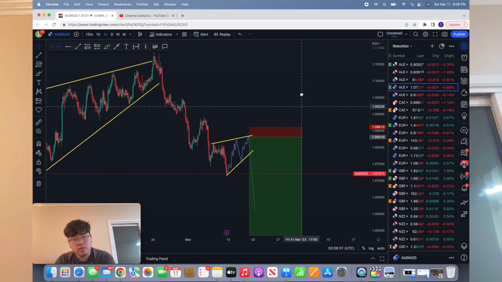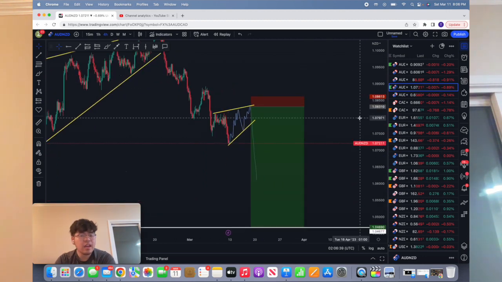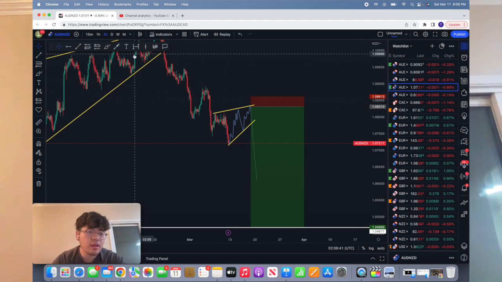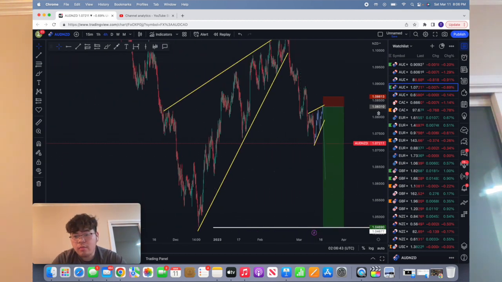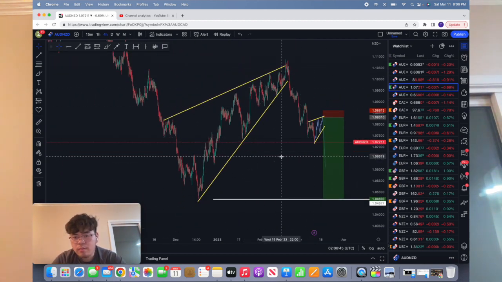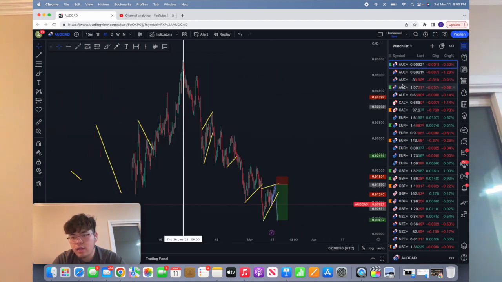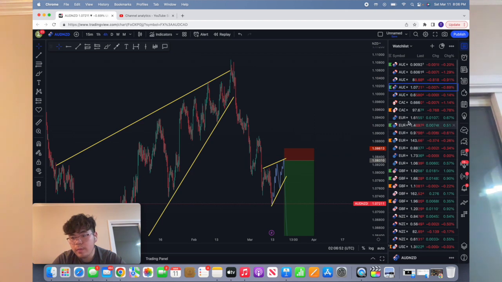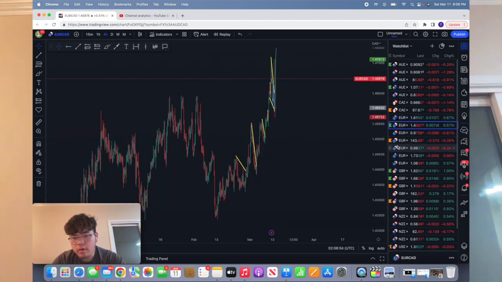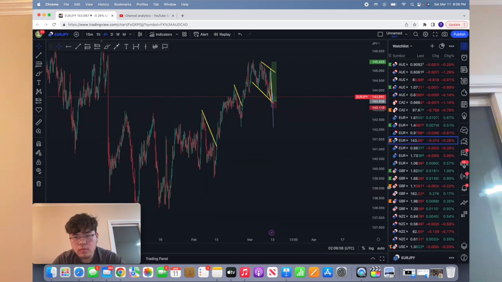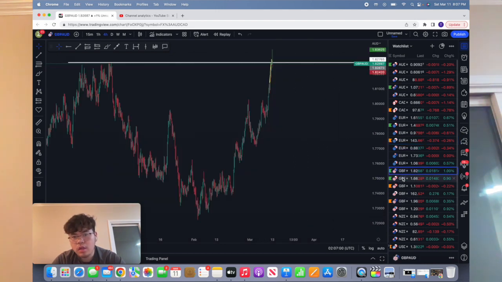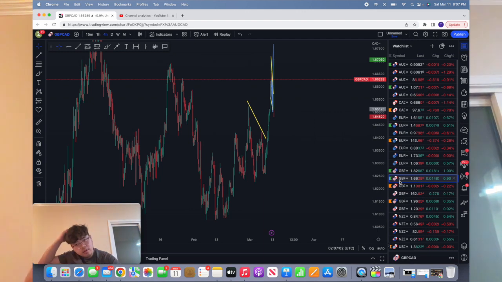AUDNZD actually, I wasn't focusing on that, but now that I'm looking at it, it made me interested in it. So 3 pairs: AUDNZD, EURCAD, monitor Euro GBP, and then GBPCAD. So 3 pairs I would be focusing on.